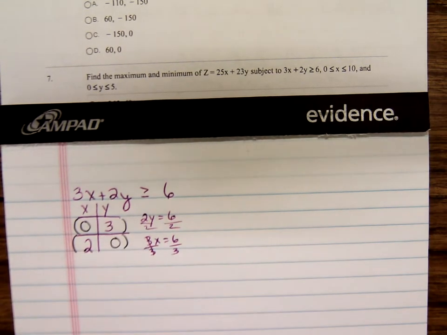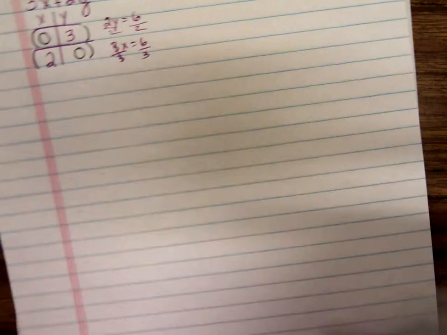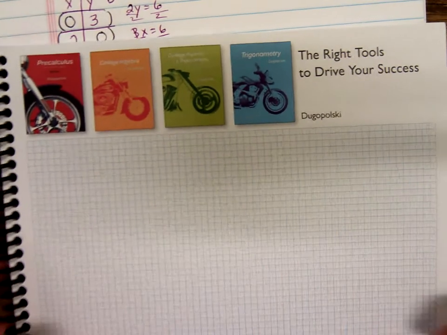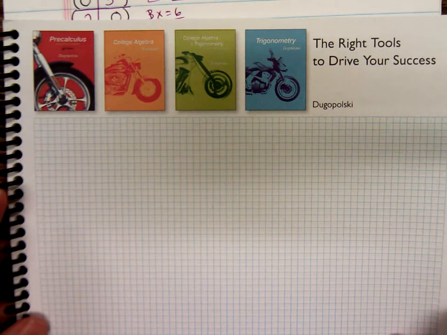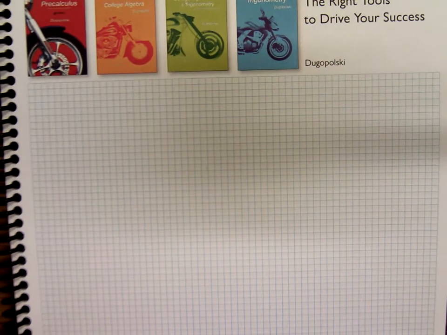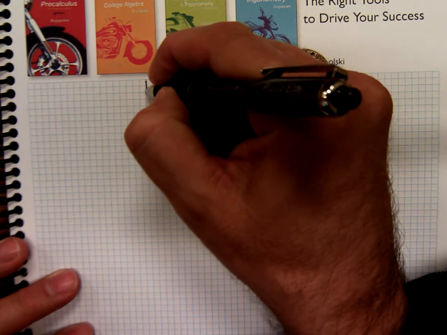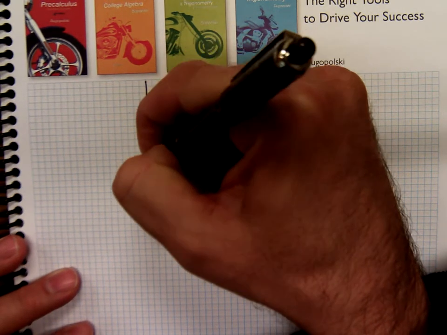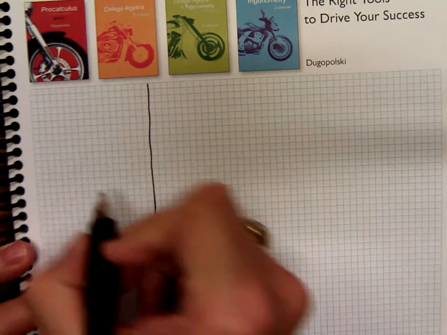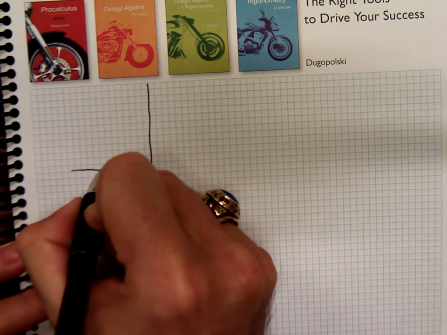So I'm going to plot those two ordered pairs and connect the dots, and then we've got to decide how we're going to shade. I'm going to have some graph paper right here. Let me draw the x-axis and the y-axis.